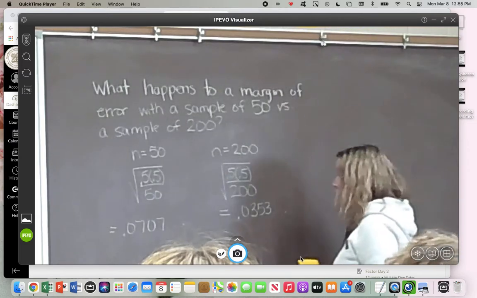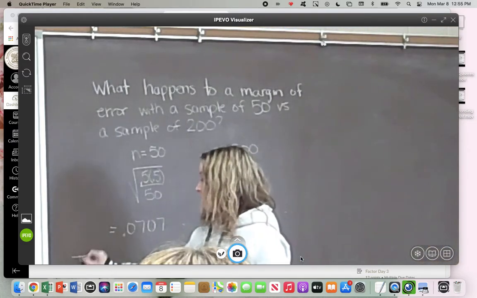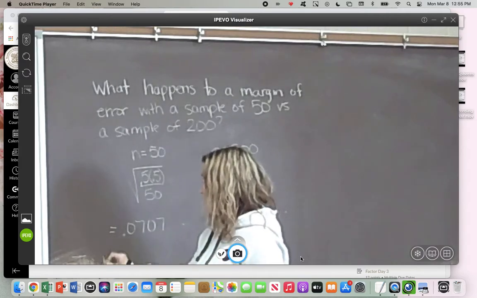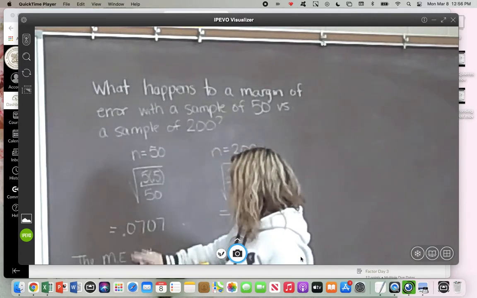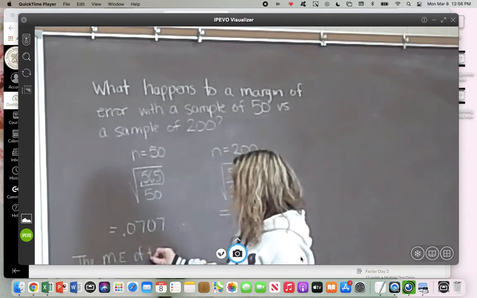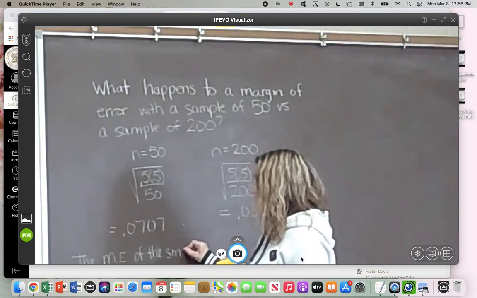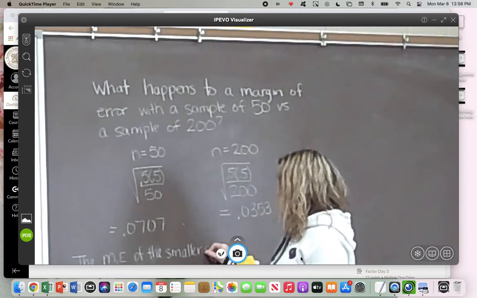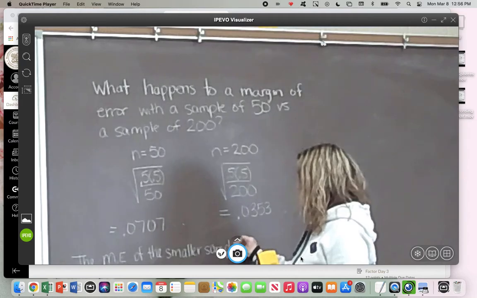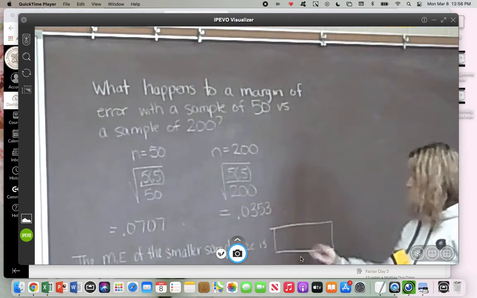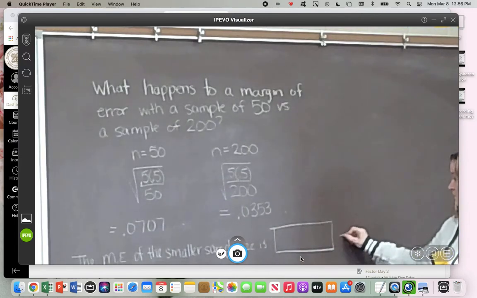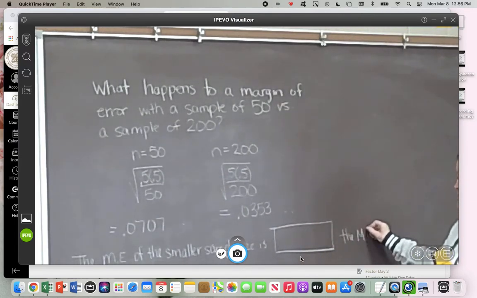So I want you to fill in the blank. The margin of error of the smaller sample size is something the margin of error of the larger sample size.